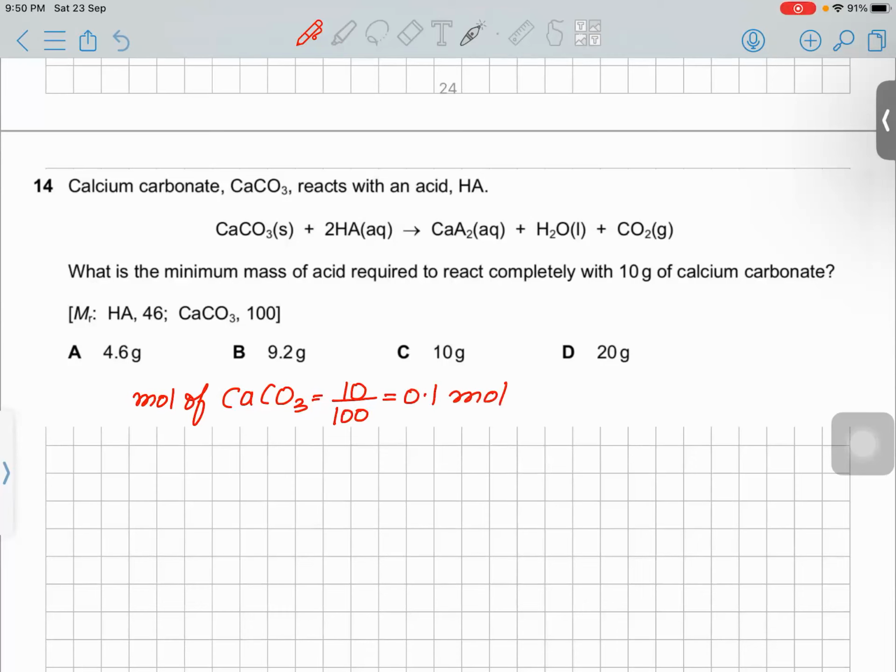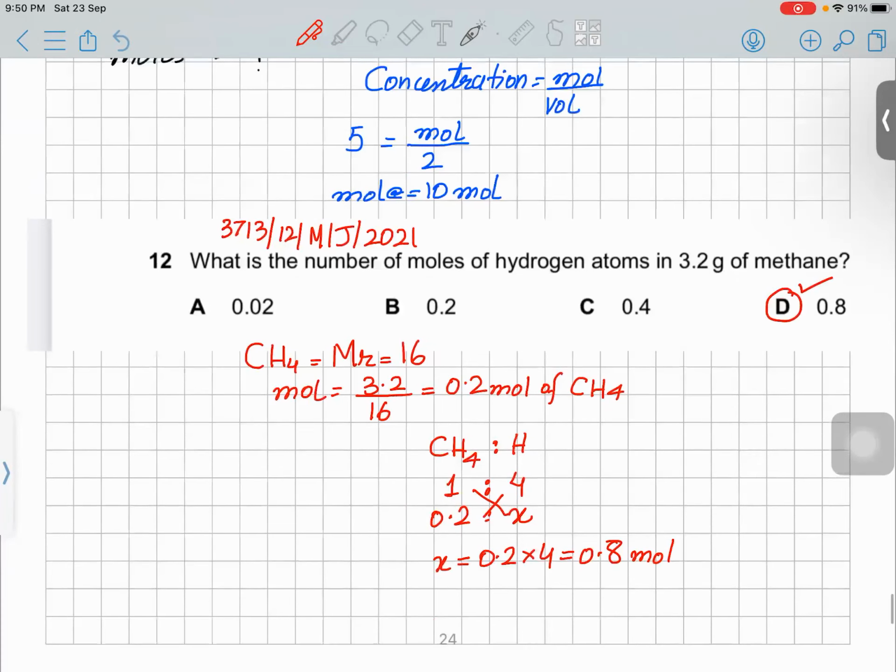Sir, I didn't get the last question a bit. Like for example, if you find the mole, then it's 0.2 mole of CH4. We have to find the mole of hydrogen, but how will you find that?